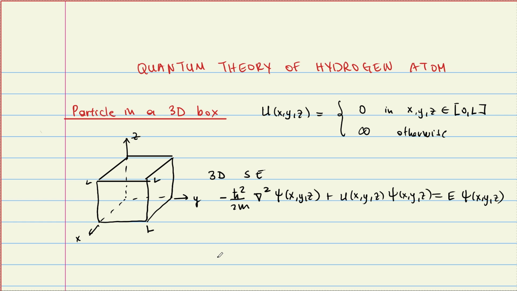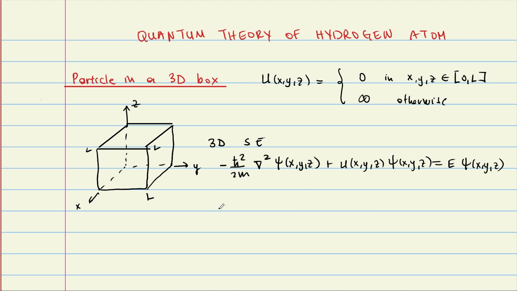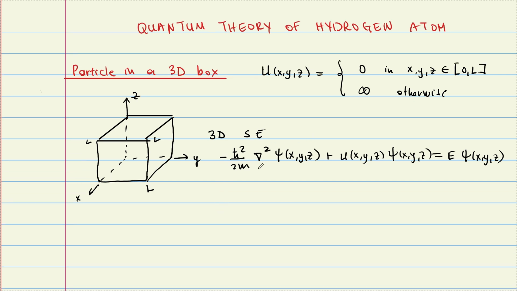But what is the most reasonable choice for this problem? Any suggestions? Cartesian? Yes. We are supposed to use Cartesian, and the nice thing about Cartesian is it's very easy to write the Nabla operator. Nabla squared is equal to del x squared plus del y squared plus del z squared.